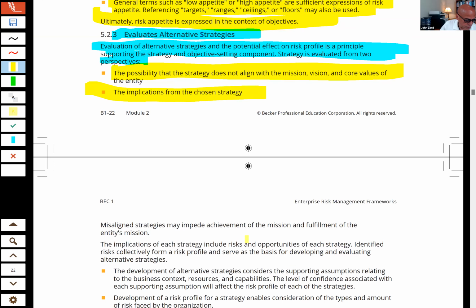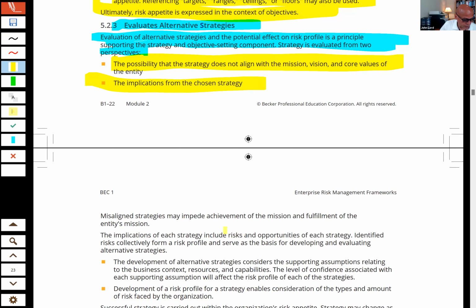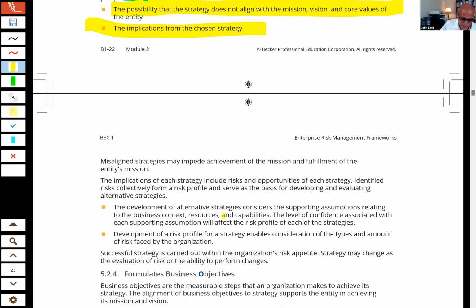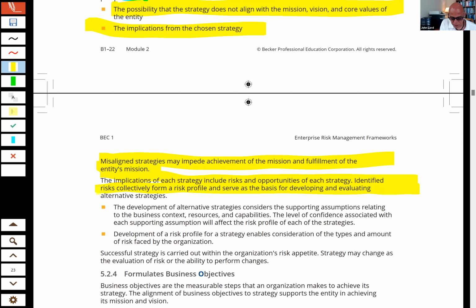Now, you come over to the next page and we start to get to what happens if you misalign. Misaligned strategies may impede achievement of the mission and fulfillment of the entity's objectives, and the implications of each strategy include risk and opportunity, identifying risk collectively from a risk profile and serving as a basis for developing alternative strategies.